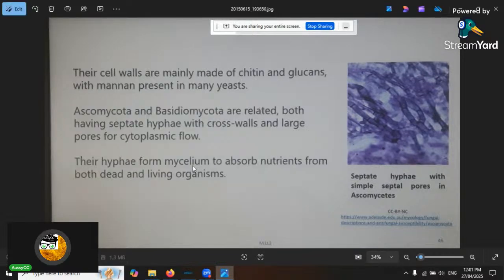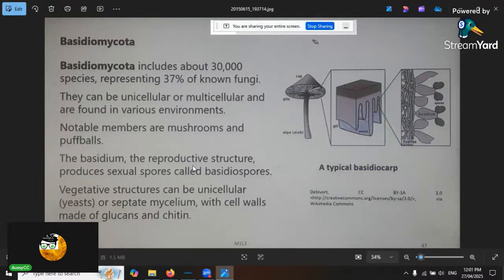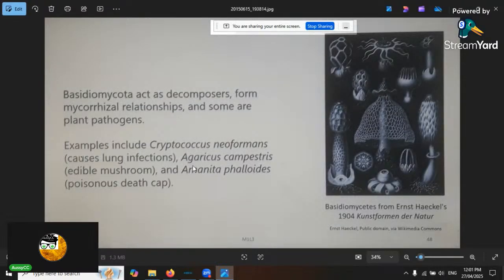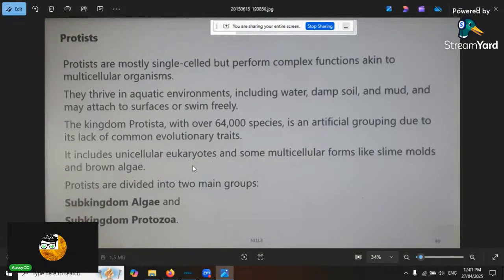We'll be up for a bit longer. Septate hyphae with simple septal pores in ascomycetes. So interesting, all this stuff. Look at that, 1904. Cool diagram. Protists. Algae and protozoa.